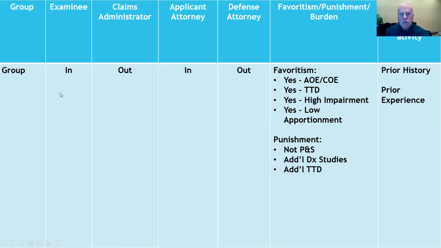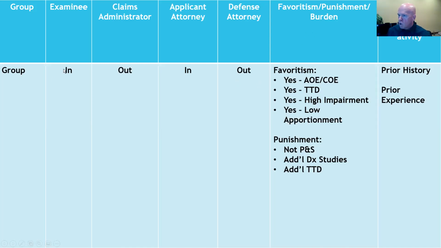And let's just imagine that you're what we call an applicant-oriented qualified medical evaluator. If you're an applicant-oriented qualified medical evaluator, then the examinee and the applicant attorney will be in your social in-group. And the claims administrator and the defense attorney, those people who are dissimilar from you, will be in your out-group.